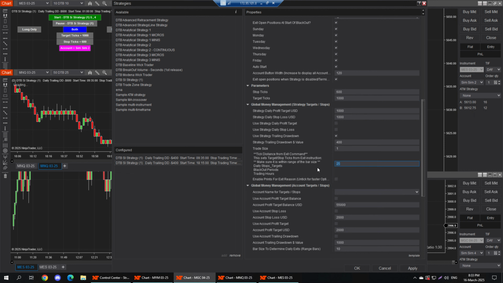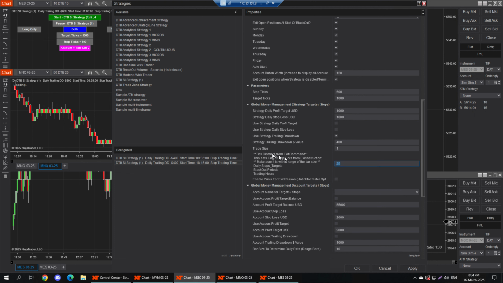So instead of the strategy submitting extra exit orders like strategy daily profit target or strategy daily stop or strategy trailing drawdown, it's not going to enter extra orders.